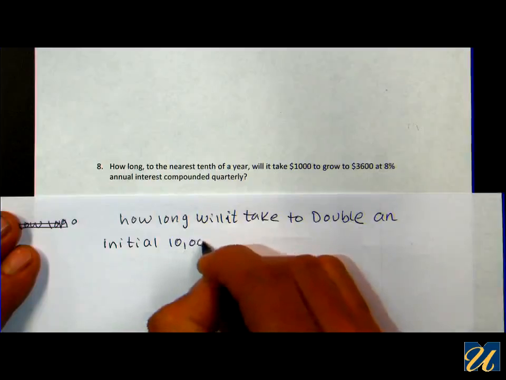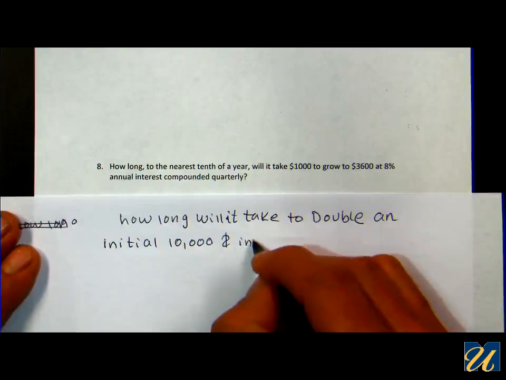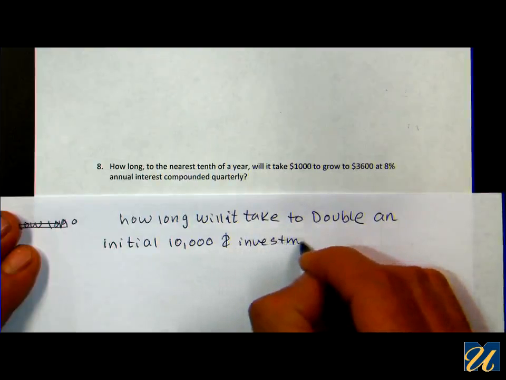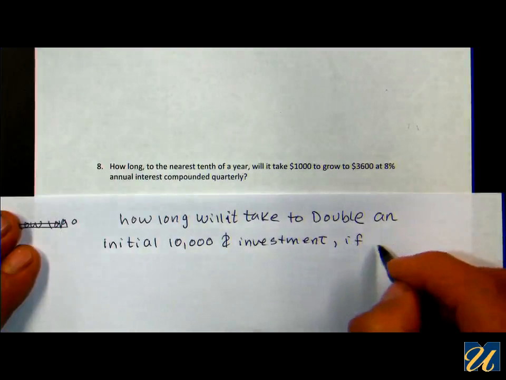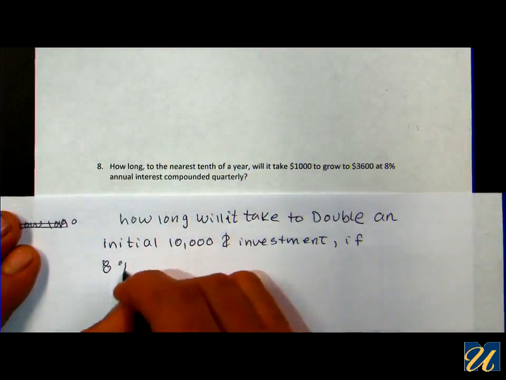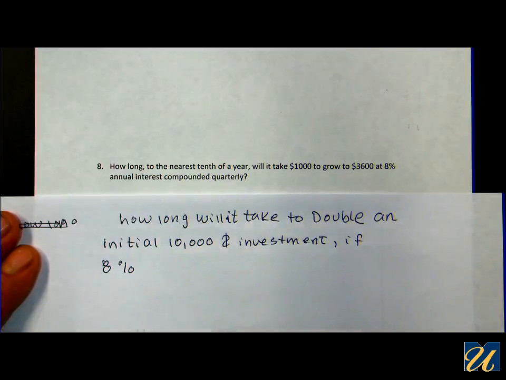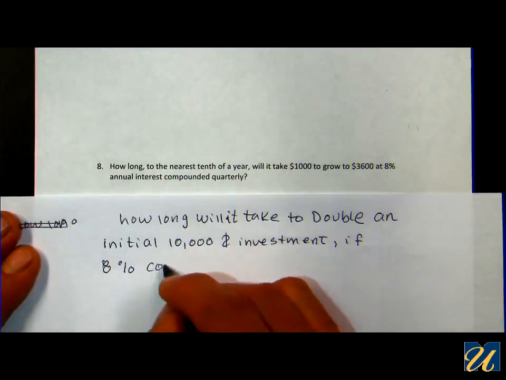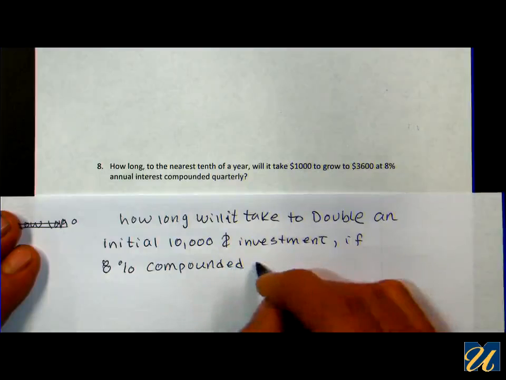let's say $10,000 investment, if let's say we get 8%, and let's compound quarterly, 8% compounded quarterly.